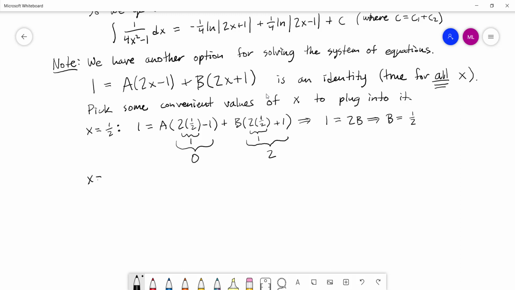And if I pick the other convenient value, x equals -1/2, and plug that one in, we'll get 1 is equal to a times, again, just plugging in -1/2, so 2 times -1/2 minus 1 plus b times 2 times -1/2 plus 1. So all I'm doing is plugging in -1/2 where these two x's go.